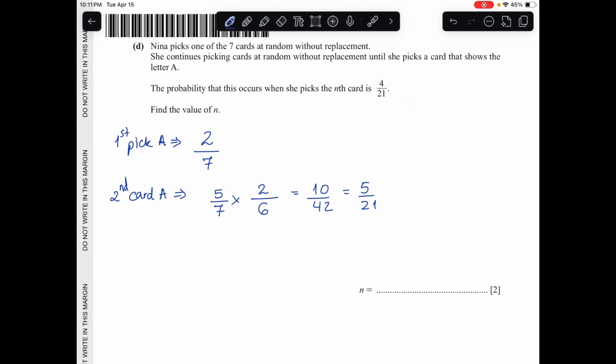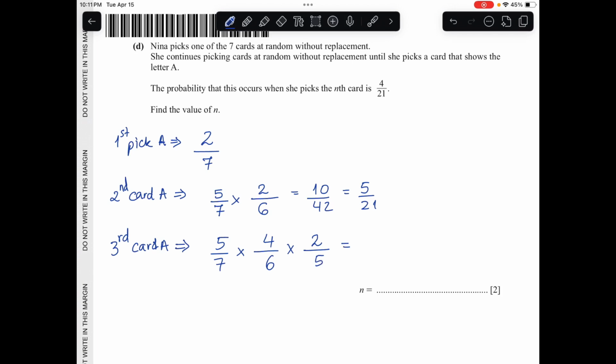So maybe the third card she picks is letter A. So the first card is not letter A. The second card is not letter A. Again, we are doing without replacement, so this becomes 6 and this becomes 4. So this is going to be 4 out of 6. And let's say now the third card she's picking is a card with A. So that would be 2 out of 5.